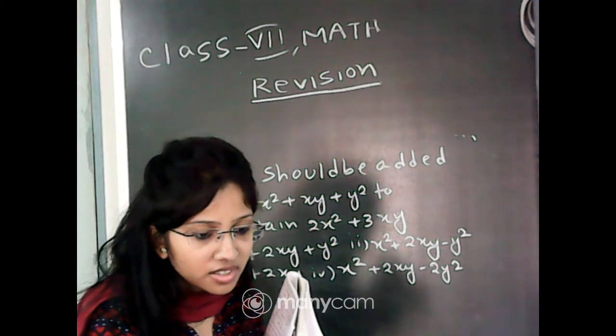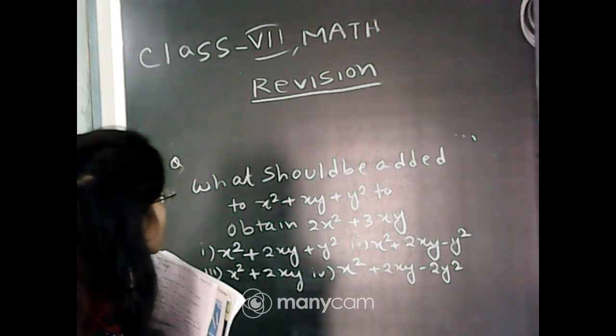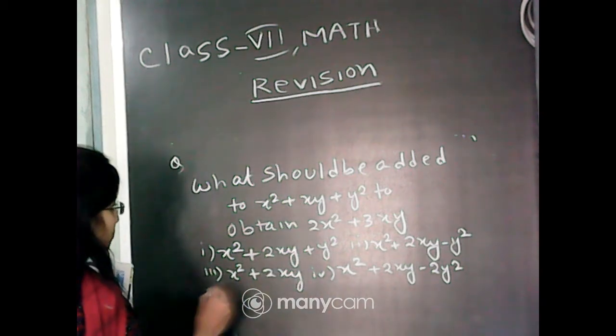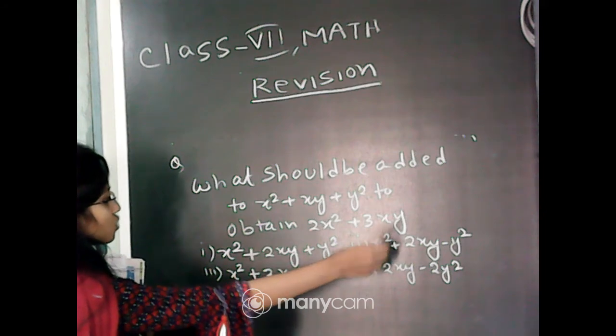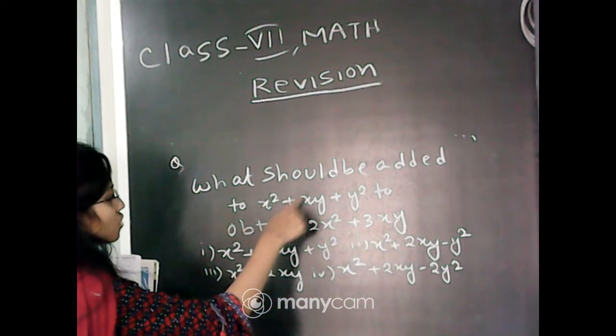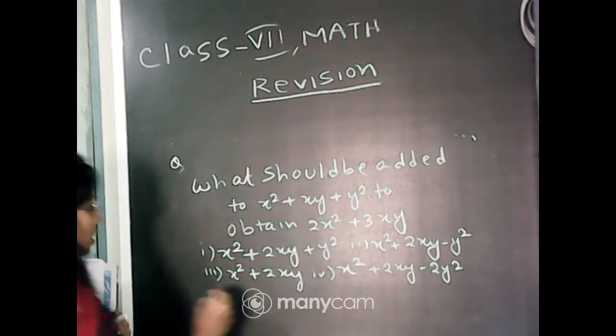Rahul, check the math, not option 1. Option 2 is the correct answer, isn't it? If we add x square plus 2xy minus y square to x square plus xy plus y square, we obtain 2x square plus 3xy. Okay?